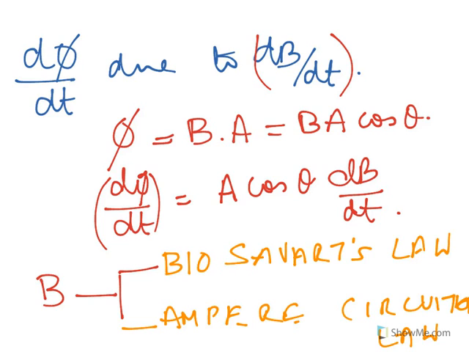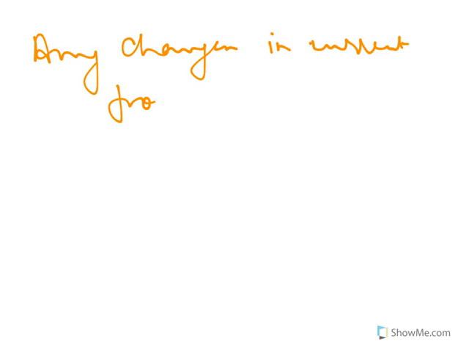So when we talk about d phi dt due to dB dt, we can write d phi dt as A cos theta dB dt. And this B can be found out either by using Biot-Savart's law or Ampere's circuital law if the current is given. So any change in current from I1 to I2 will change B from B1 to B2.